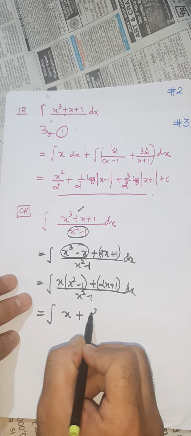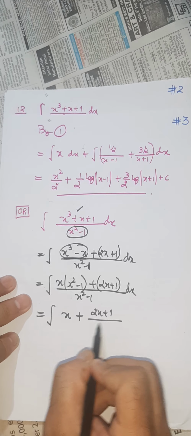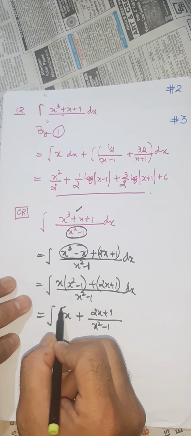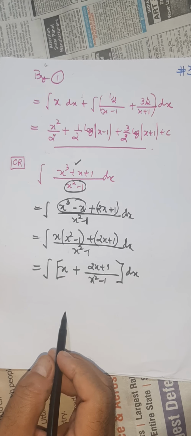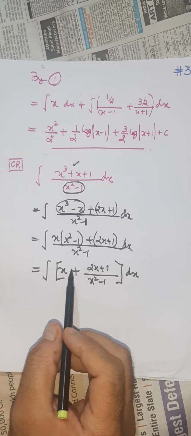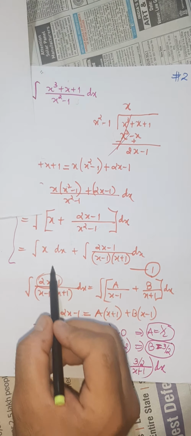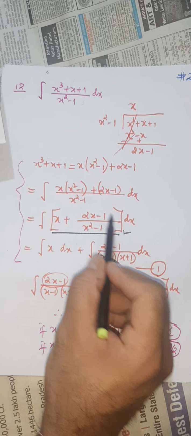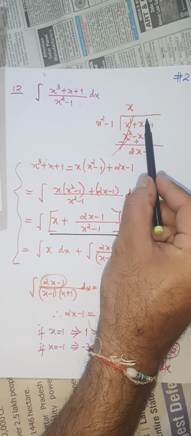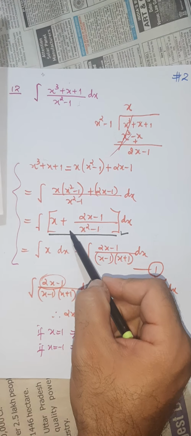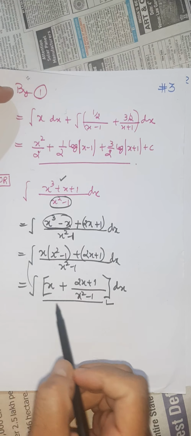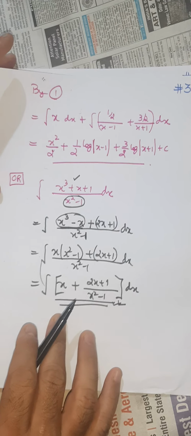This is just x plus (2x plus 1) upon (x square minus 1). So you can see that this is just same as this, which I did by division. If you feel that this division procedure is easy, you can do this way. Otherwise, you can just rearrange like this. Choice is yours.